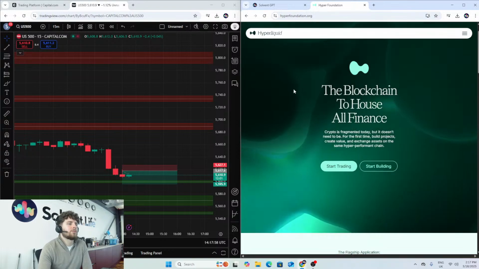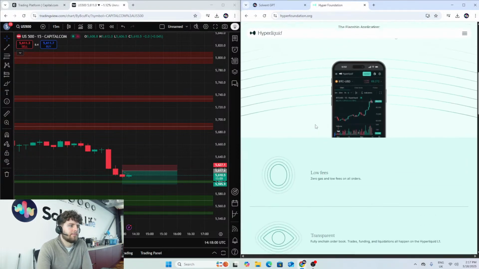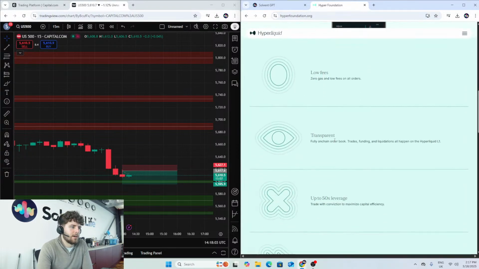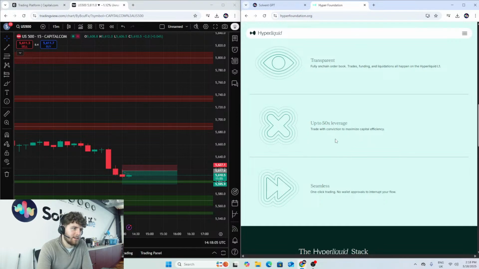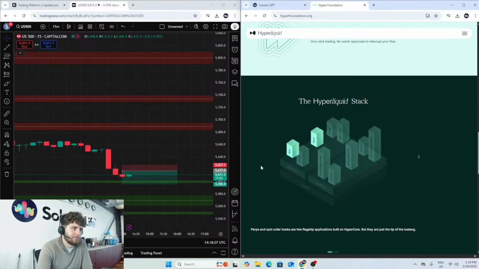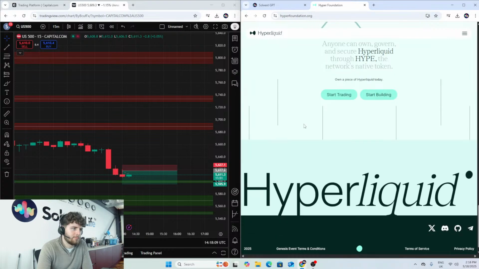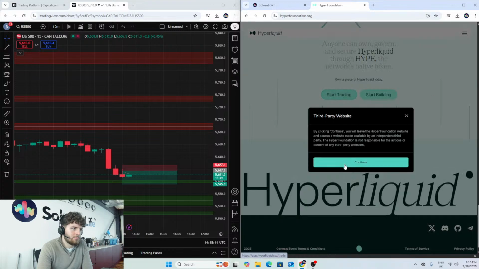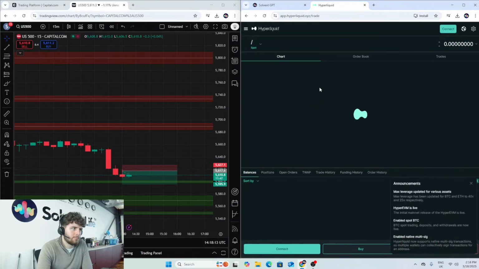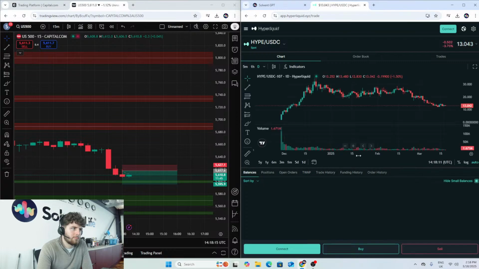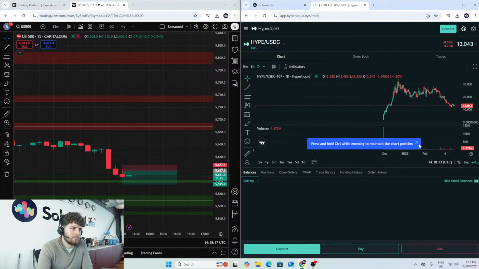Blockchain to house all finance. Okay. No fees, transparent, up to 50 times leverage, and completely seamless. Okay, so we can connect our wallet, we can buy, we can sell.